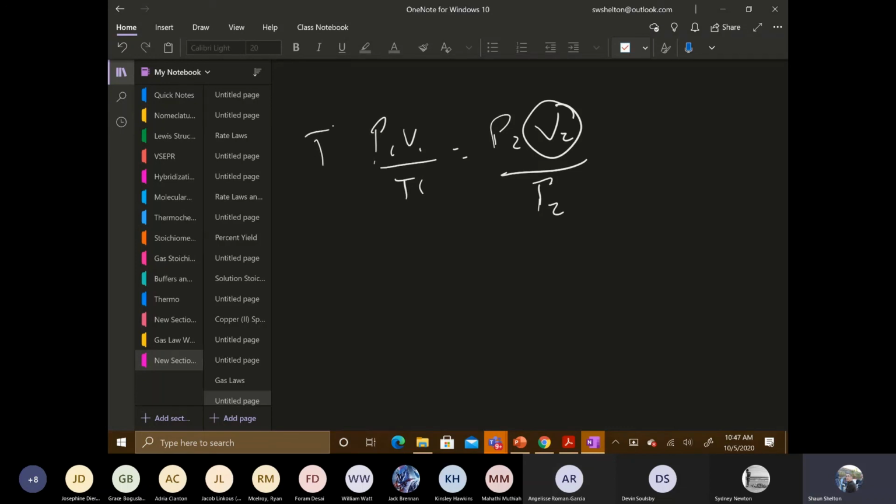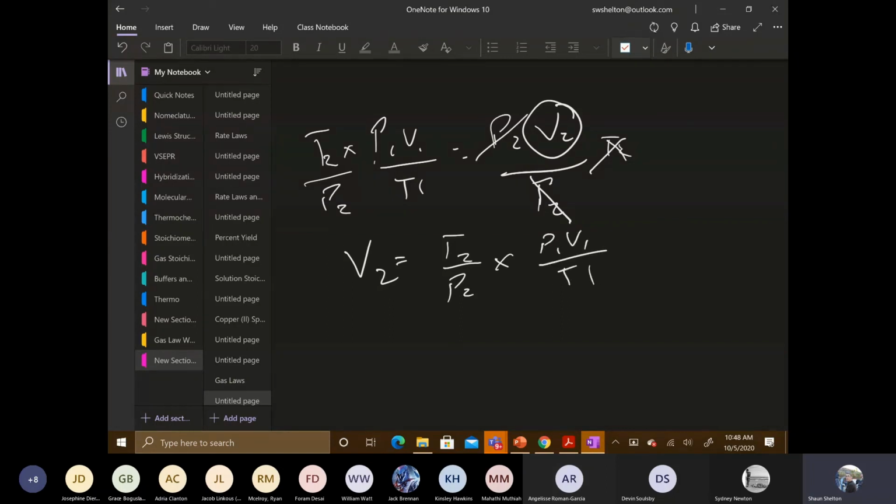I multiply by T2 over here, which cancels this out, and then I divide by P2, so P2 is gone. So we have V2 is equal to T2 divided by P2 times P1 V1 divided by T1. Now you're given the individual parts, you just have to put them together.